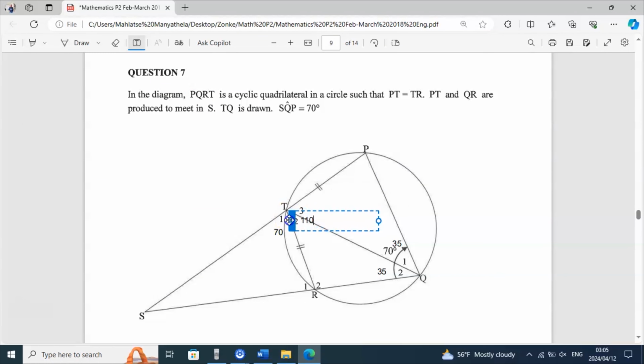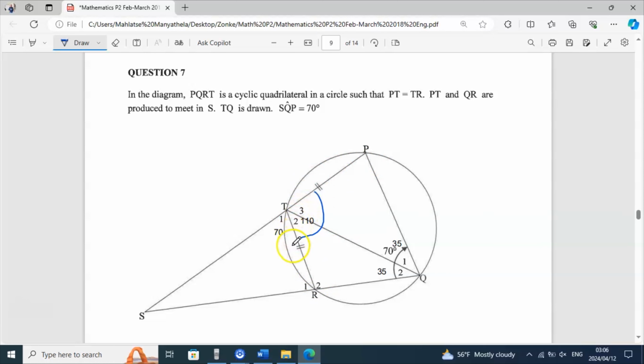By this angle, I'm referring to angle T2 plus angle T3. This is the angle that I'm referring to, which is angle PTR. Angle PTR is 110.